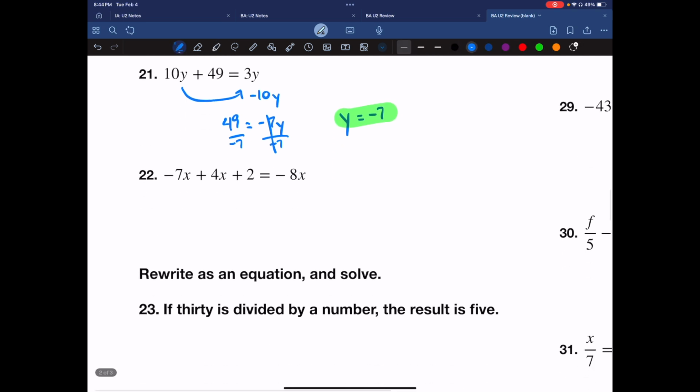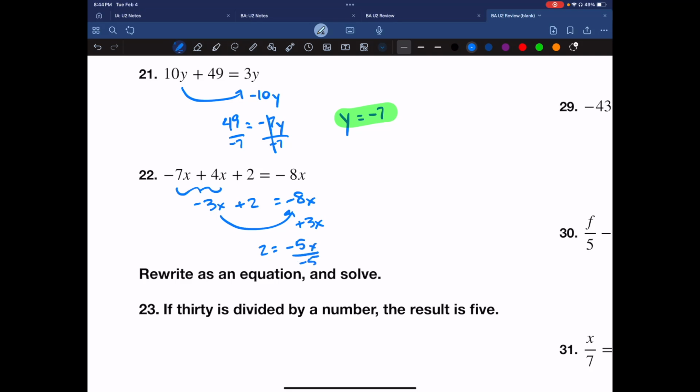Okay, all right, here, you should always clean this up if they give you too many things on one side or the other or both. All right, so this is going to be negative 3x plus 2 equals negative 8x. Again, similar to the last time, it would just make more sense if I added the 3x to get my x's together quickly. All right, so it's going to be 2 equals negative 5x.